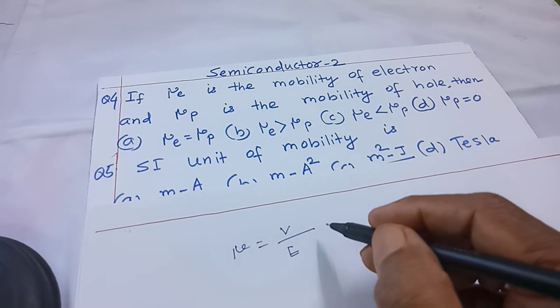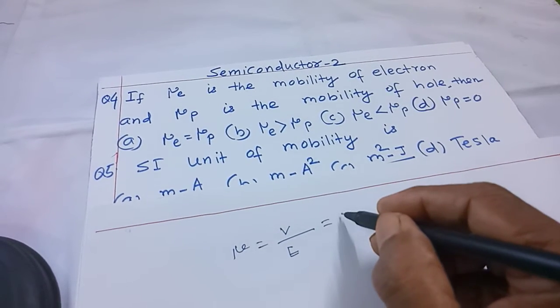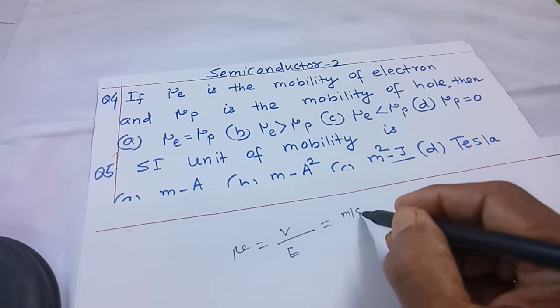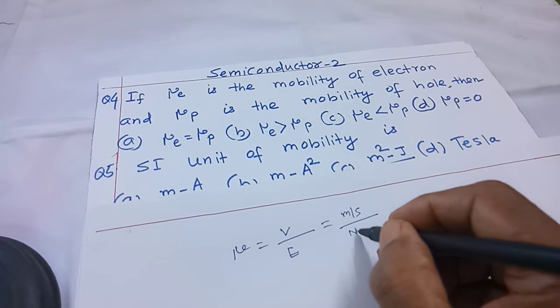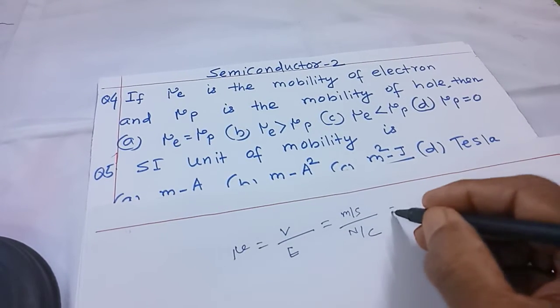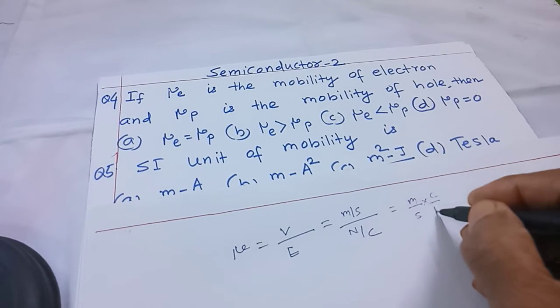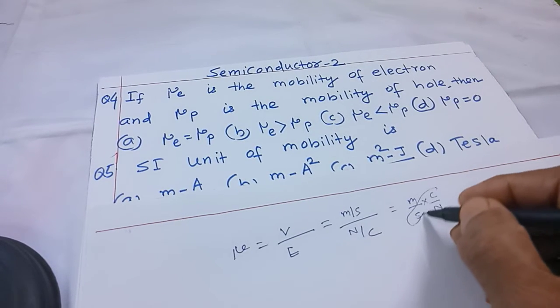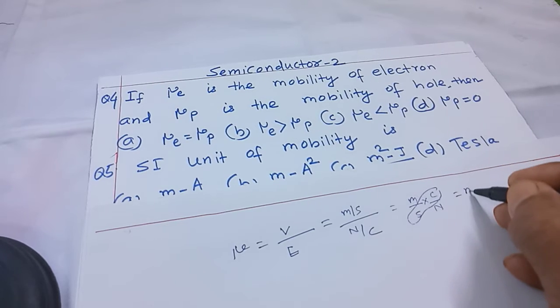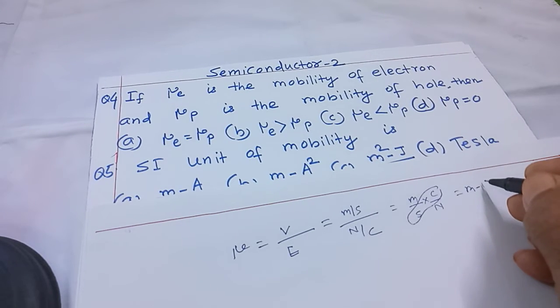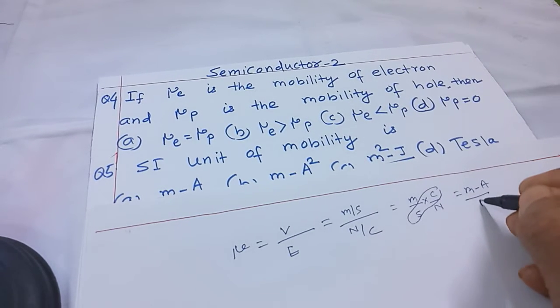In the SI system of units, velocity is meter per second and intensity is Newton per coulomb, so it is meter per second, coulomb per Newton, and coulomb per second is ampere. This is meter ampere per Newton.